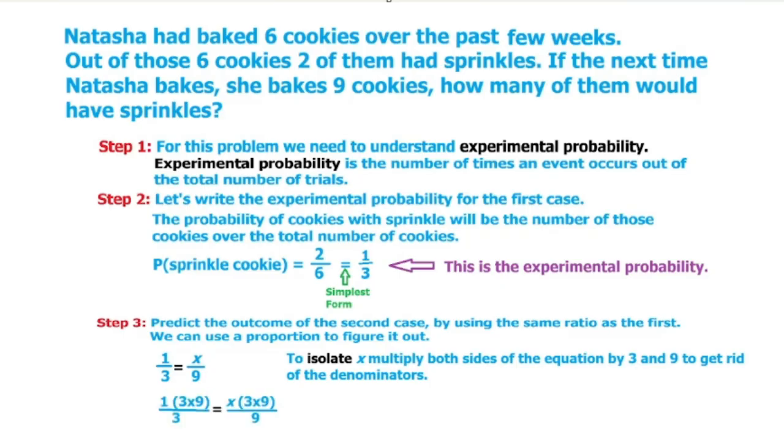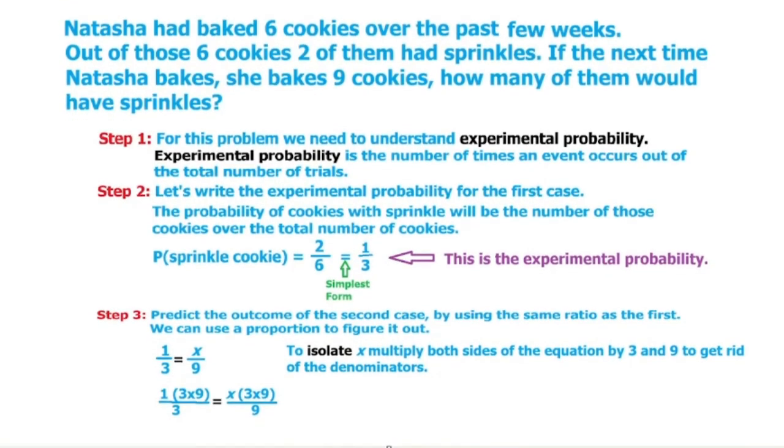That looks like this. So we take this, multiply it 3 times 9. We take this and multiply it by 3 times 9. Now we can simplify by canceling terms, right?